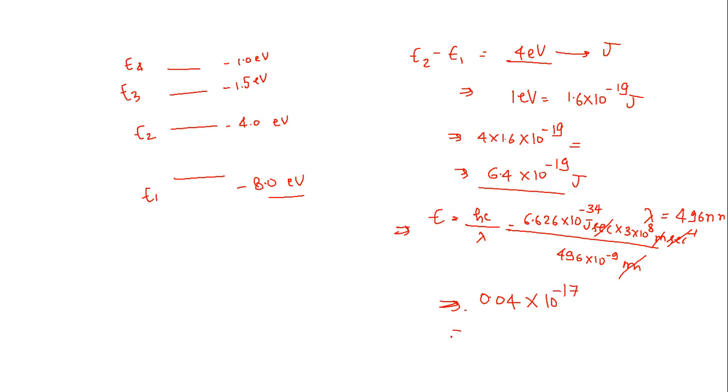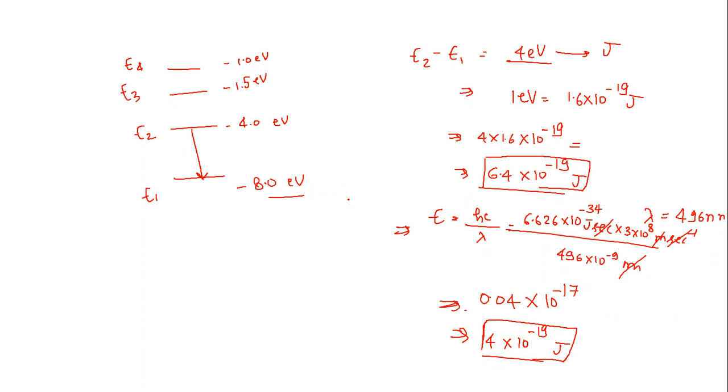And then I'll convert, so it will be 4 into 10 to the power minus 19 joule. But this energy has come to be 4 into 10 to the power minus 19 joule, and the energy of this transition is quite higher compared to this energy, right? So in this case, E2 to E1 is not our answer, so we have to find something else.